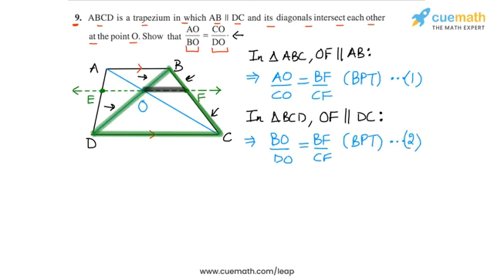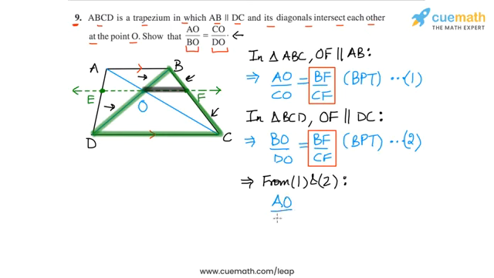So if we look at equations 1 and 2, the RHS in both equations is the same, and therefore we can equate the LHS. So from 1 and 2, we can say that the LHS ratios are equal. So AO by CO is equal to BO by DO.